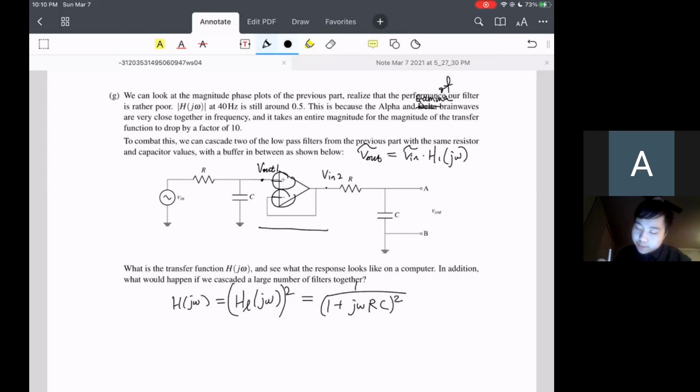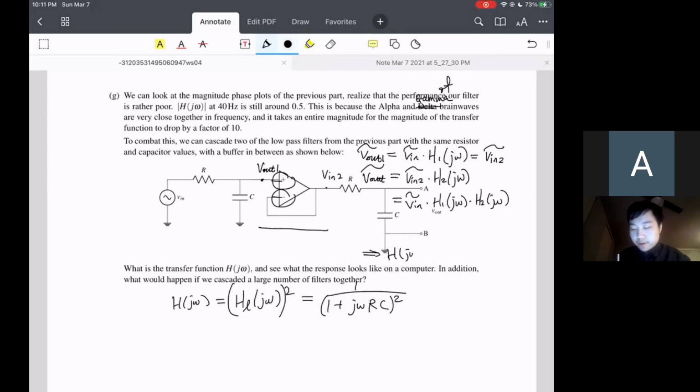And that is also equal to the phasor form of V in 2. And so the phasor representation of the overall V out would then just be V in 2 tilde times H2 of j omega, which is equal to V in tilde times H1 of j omega times H2 of j omega. And so that means the overall transfer function is just H1 of j omega times H2 of j omega.